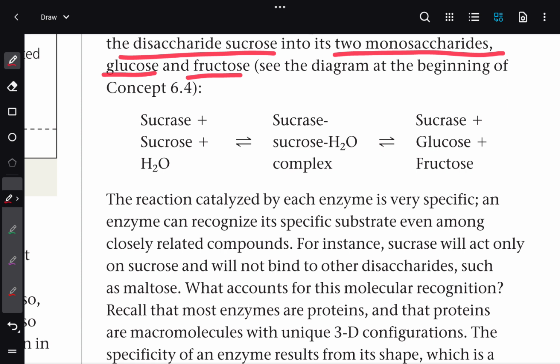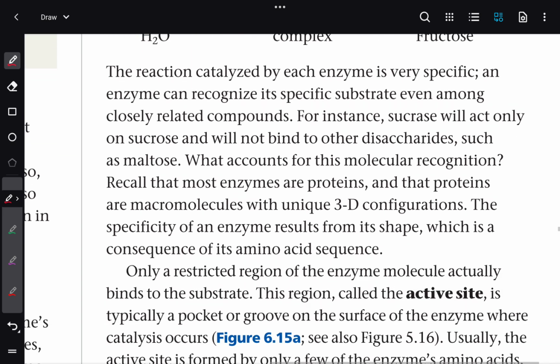Sucrase binds to sucrose and water, then each will go here, glucose and fructose, and the enzyme is not consumed.